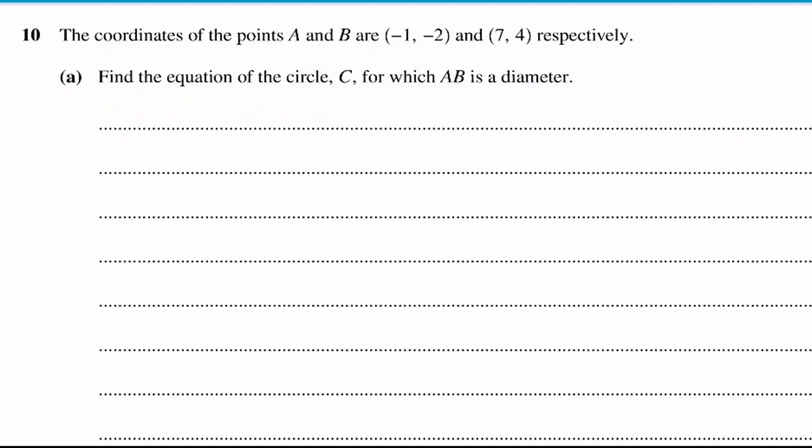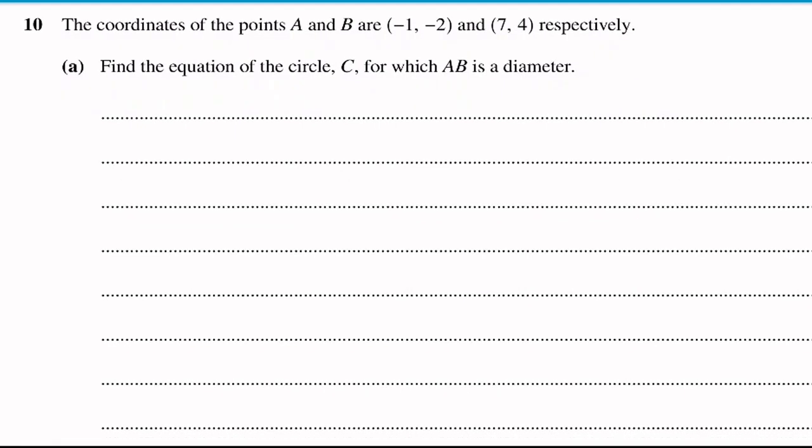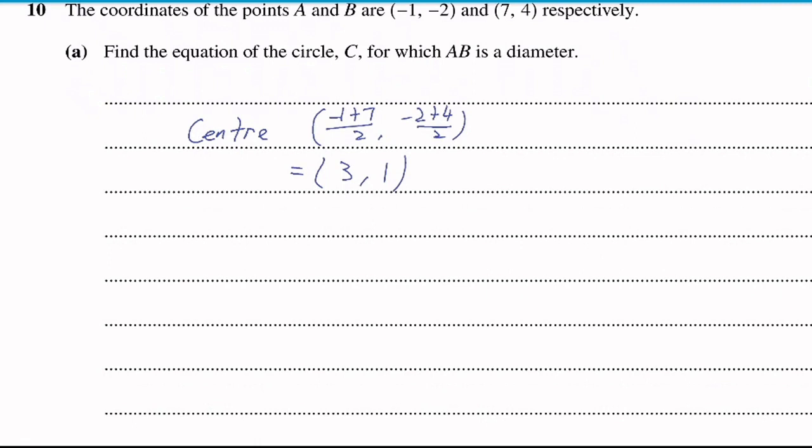So it's the usual thing that they can ask for the circle. For the earlier parts of the questions, as long as we are clear with how a circle looks like, then we should be able to find the equation already. So nothing much, we find the center. The center is just the midpoint of the two endpoints. Then we need to find the radius, which is half of the length of the diameter.